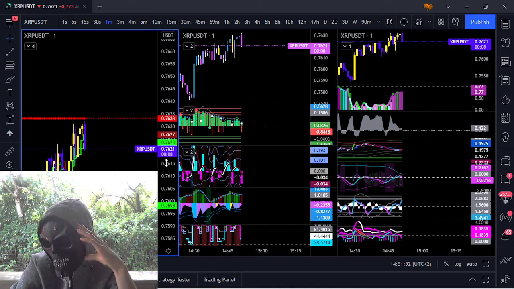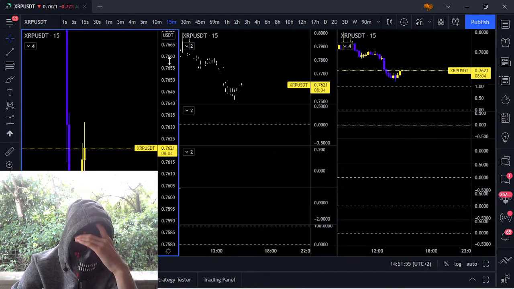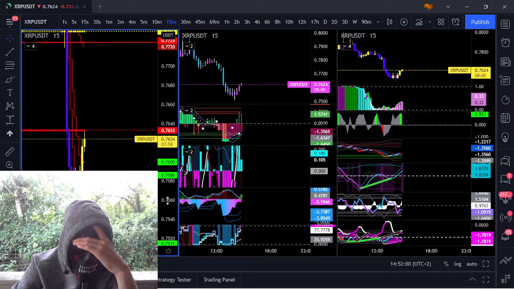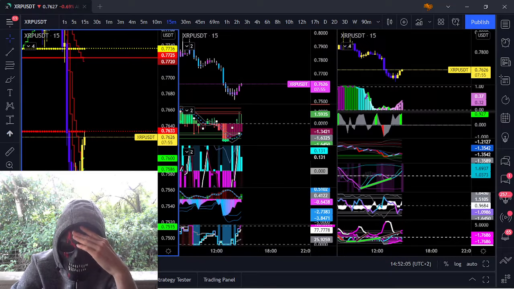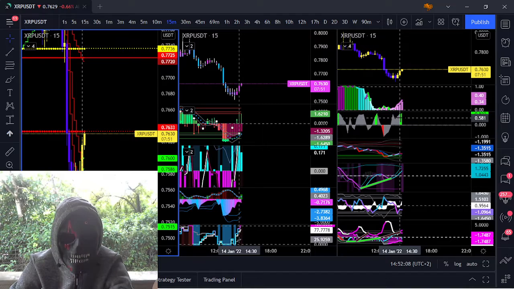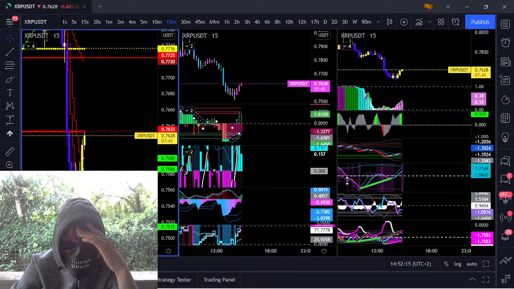Let's see, I'll give this another 15 minutes to play out, considering this is what the first 7 minutes of the 45 minute we just printed. Okay, flash, and we're positively correlated and we're expanding. Okay, that's cool.